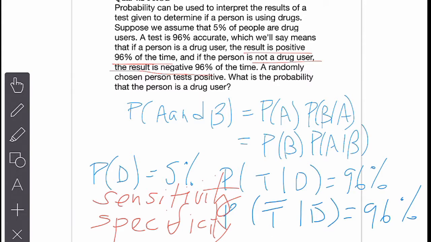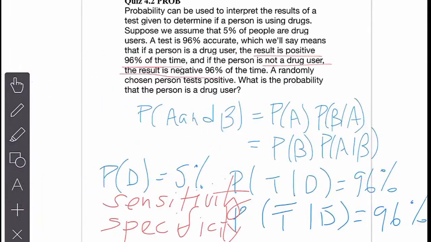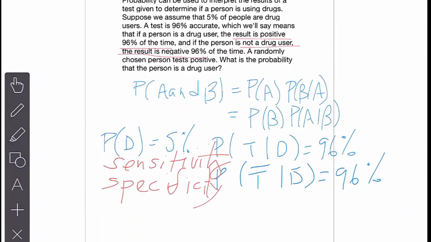So sensitivity and specificity. And what we want to find is, for a random person, the probability that if a person tests positive, they're a drug user.